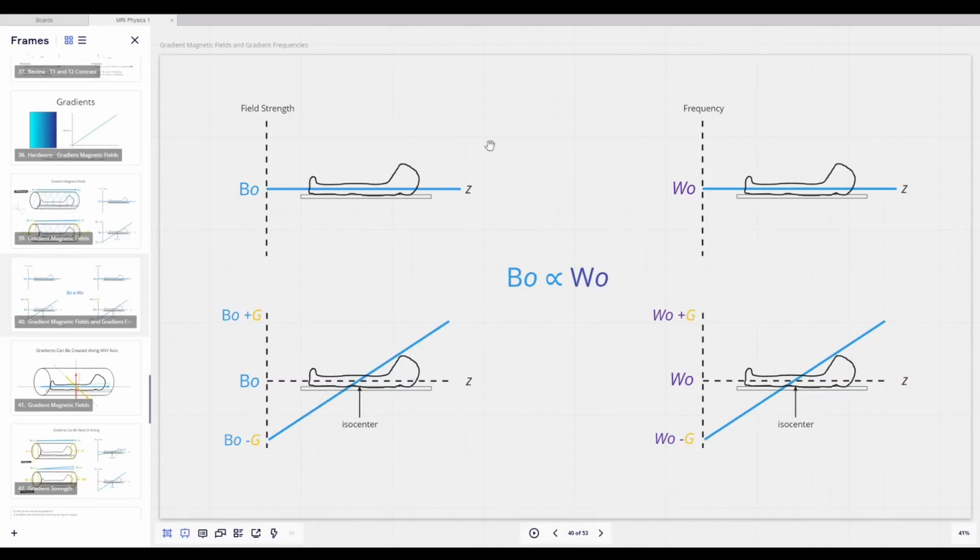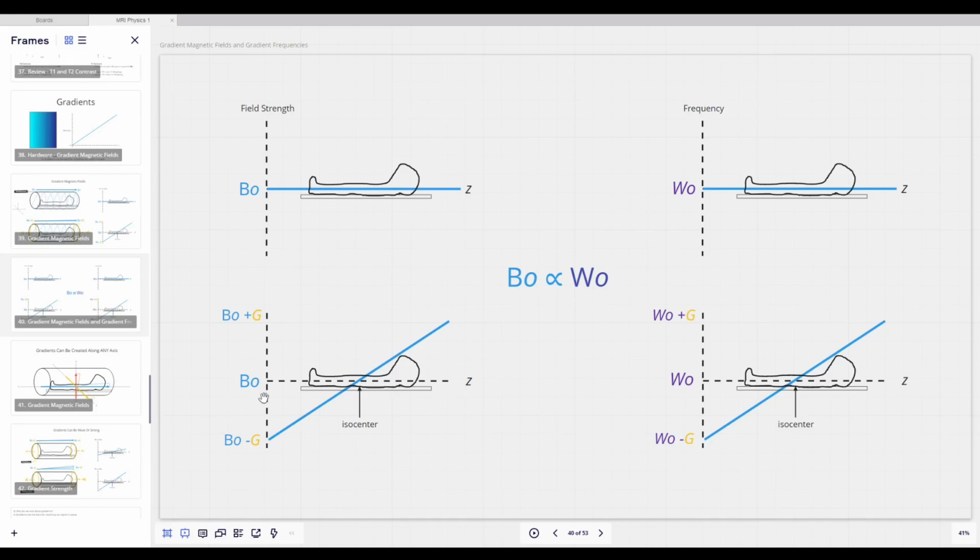I've sort of re-diagrammed our last slide right here. And the point that I'm making here is that just as when we apply those gradient coils, that gradient magnetic field, we induce a gradient across our magnetic field, across our patient, which is here.